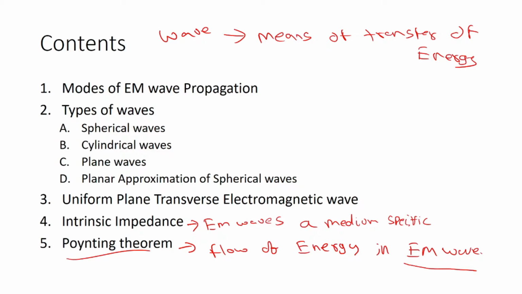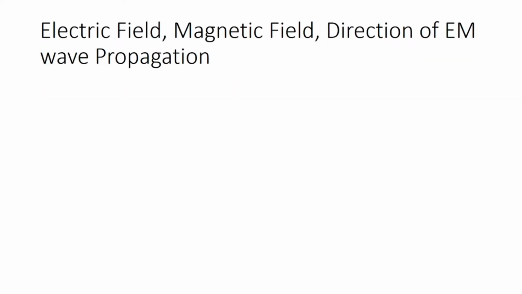So, let us start our discussion on modes of electromagnetic wave propagation. These modes are characterized by the directions of electric field intensity, magnetic field intensity, and the direction of electromagnetic wave propagation.